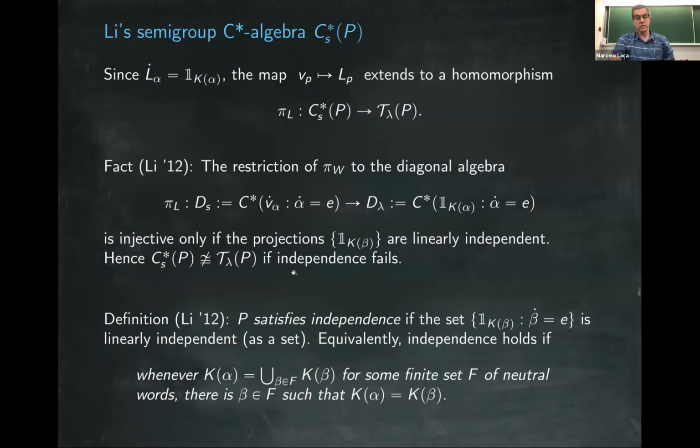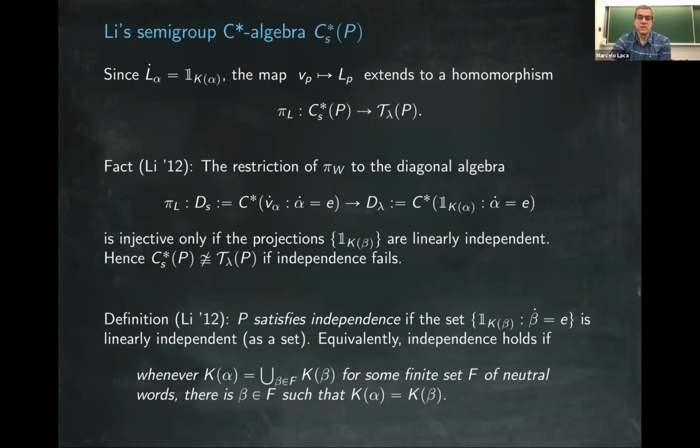So that was an observation of Shin-Lee about 10 years ago. This led to a definition of independence: if the set of 1_K alpha, 1_K beta, so the characteristic functions of constructible right ideals, are linearly independent, then we say that the semigroup satisfies independence.